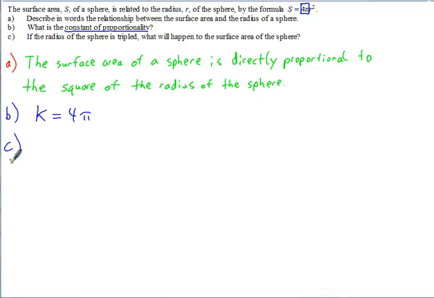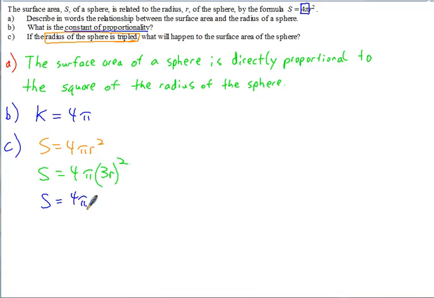And then part C says, if the radius of the sphere is tripled, what will happen to the surface area of the sphere? So let's take a look at our equation. We've got S equals 4 pi R squared. Well, tripled means multiplied by 3. We don't have specific numbers here, but we don't need them. So instead of R, we put in 3R. Let's simplify that.